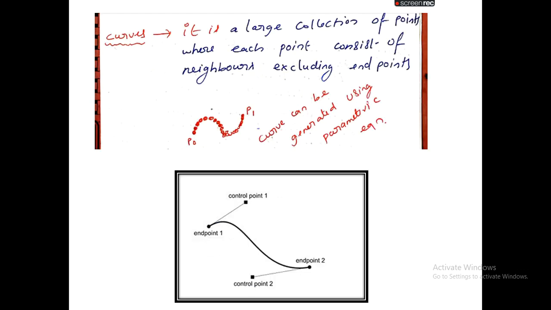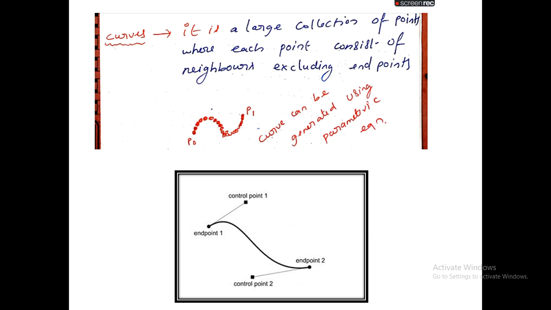The simple definition of a curve is: a curve is a large collection of points where each point has neighbors, excluding endpoints.